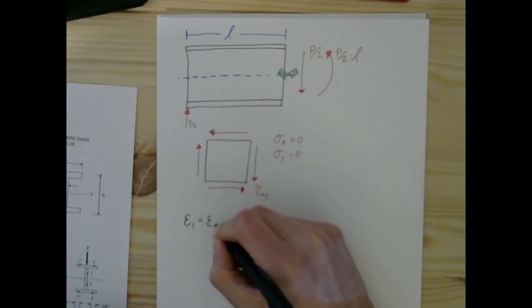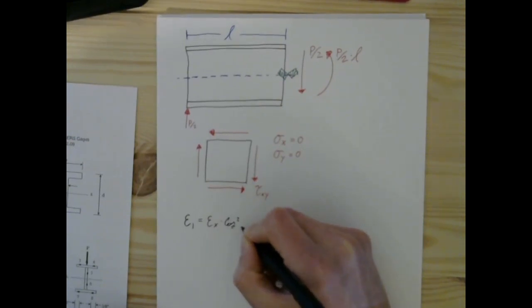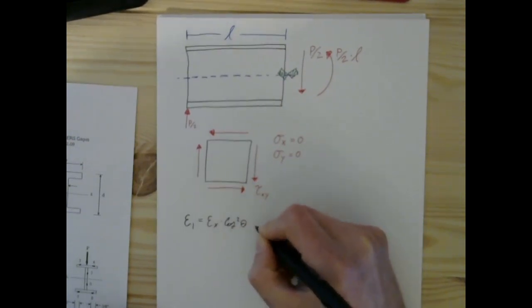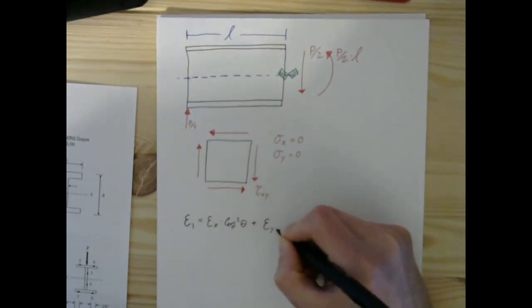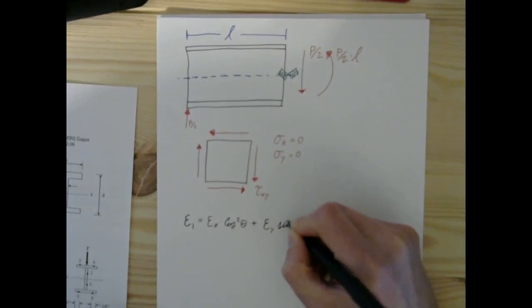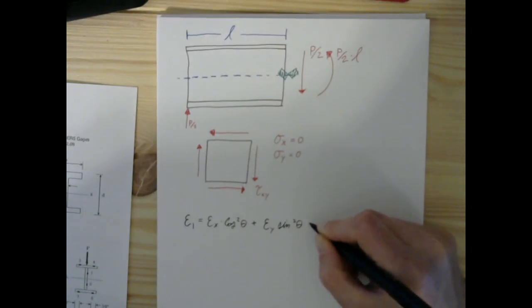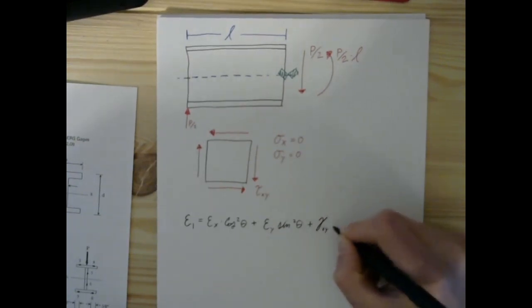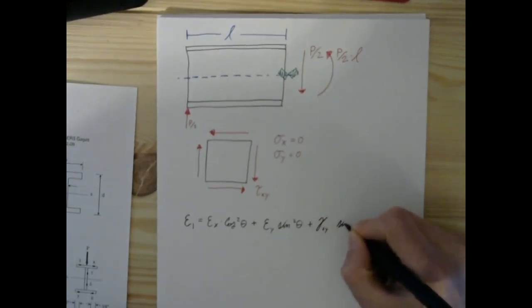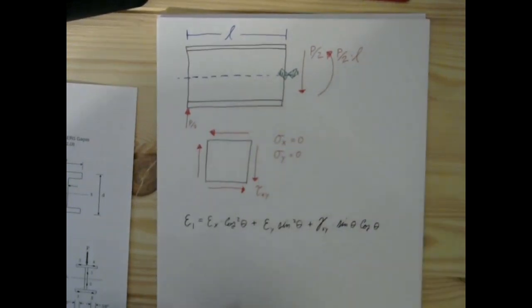But strain in the x direction times the square of the cosine of some angle theta, plus strain in the y direction times the sine squared of the angle theta, plus the shear strain times the sine of the angle theta times the cosine of the angle theta.